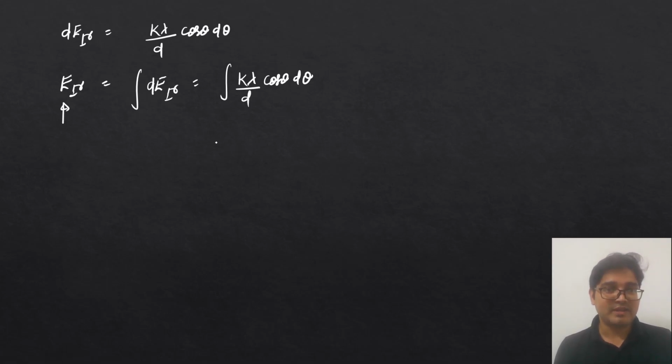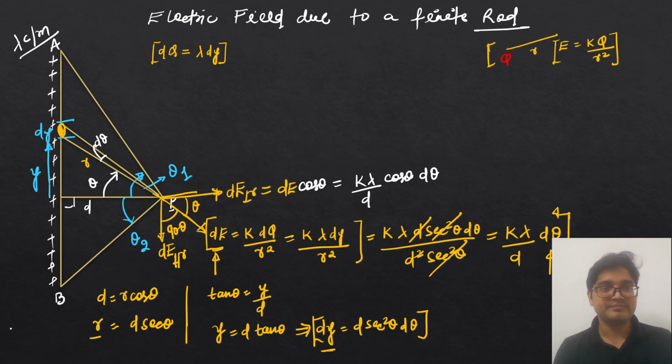To understand the limit, let's come back to the figure. So here this is the figure. Integration is done while putting the limit in such a way that it will cover the entire rod. Now I'm taking the value of theta from here. If I consider the clockwise sense as the positive sense, then the anticlockwise sense will become the negative one.